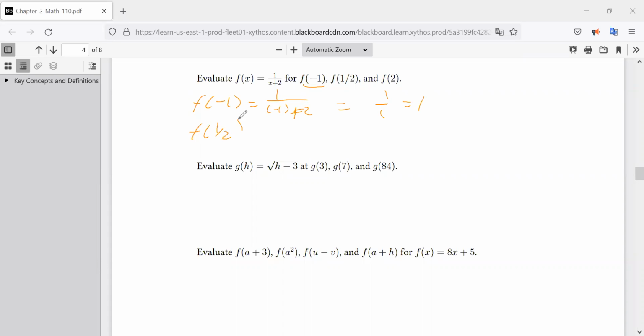How about f of 1/2, what's that? Yeah, what you just wrote. But then we can actually do something else to this. If we divide by a fraction, it's the same thing as flipping it over, right? So this is how it simplifies. 2/5.